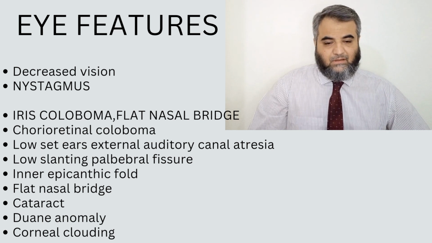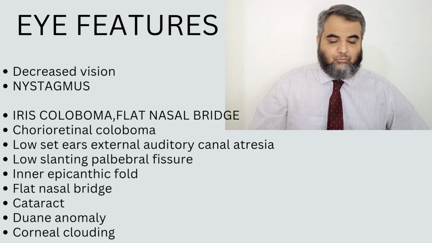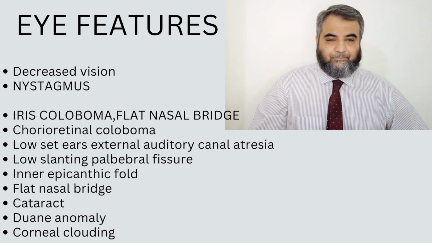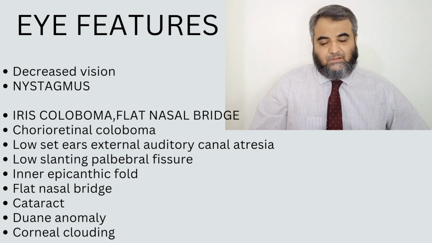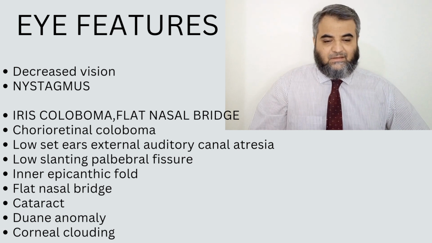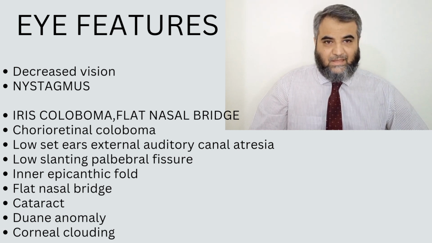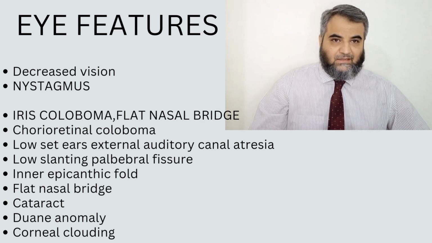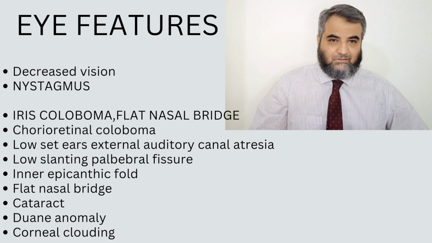They may have irido-corneal colobomas, flat nasal bridge. Along with this, if we talk particularly about cat's eye syndrome, their ear margins are low. The auditory canals can have stenosis, narrowing, and in the eye they may have an inner epicanthic fold, flat nasal bridge.